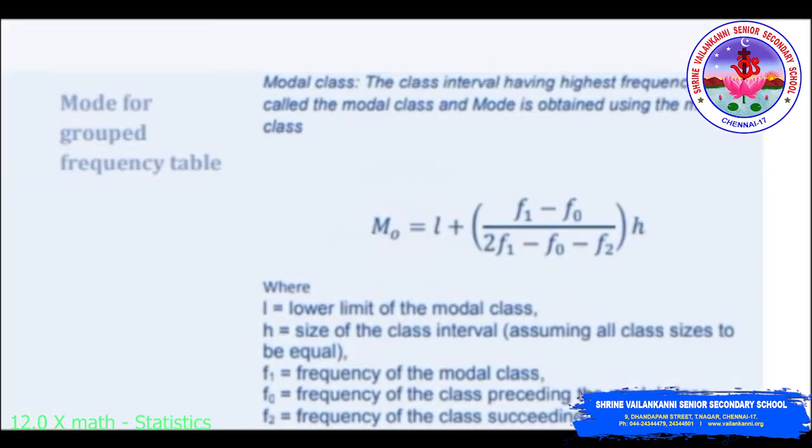We are going to see the mode for grouped data. Before finding the mode, I should find the modal class, where the modal class is the class having the highest frequency. So mode is obtained by using the modal class.